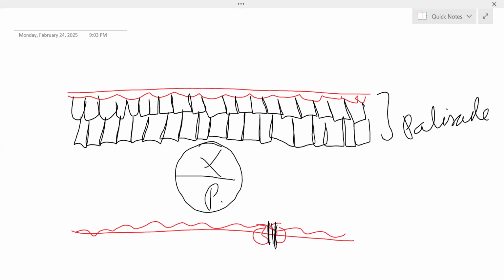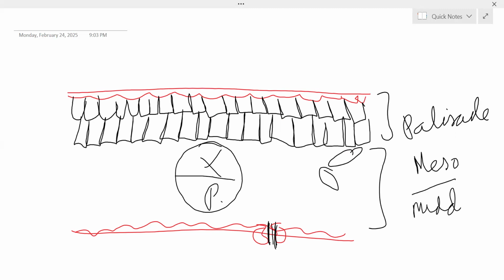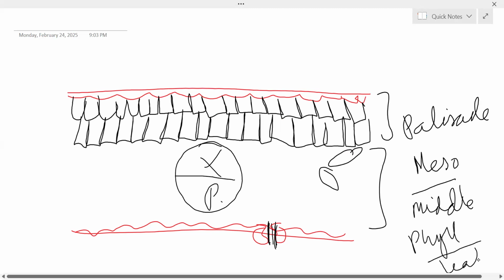After this, we can see the lower side of this leaf is filled with another type of mesophyll. This is palisade mesophyll. Meso means middle, and phyll means leaf. It is the middle part of the leaf which has this type of tissues.